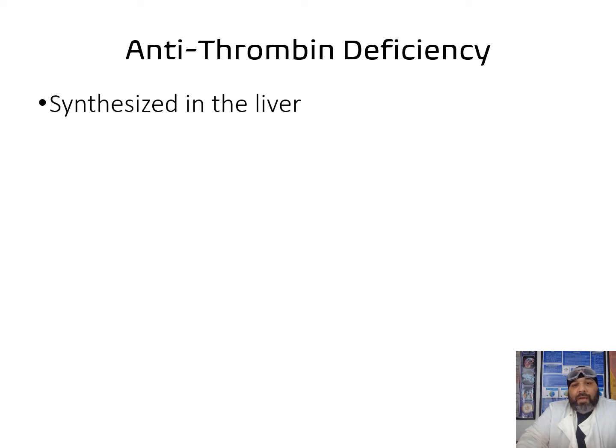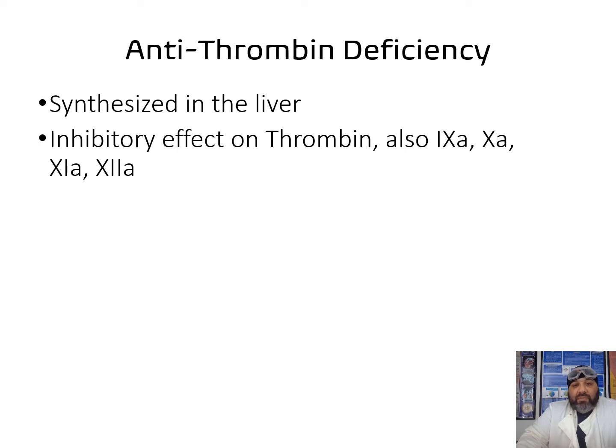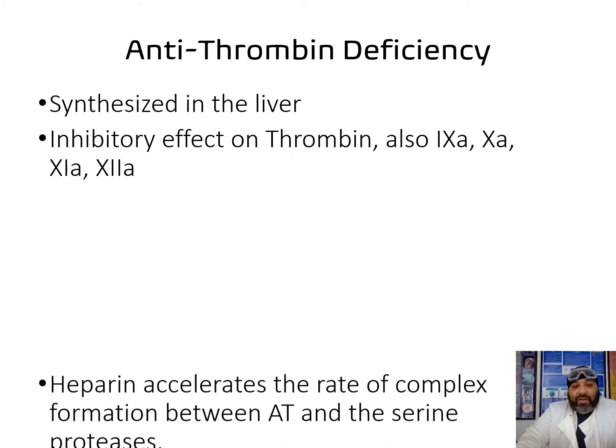A little bit about AT or antithrombin deficiency. Generally, AT or antithrombin is synthesized in the liver and has an inhibitory effect on thrombin, and also on factors 9A, 10A, 11A, and 12A in relation to clotting factors.